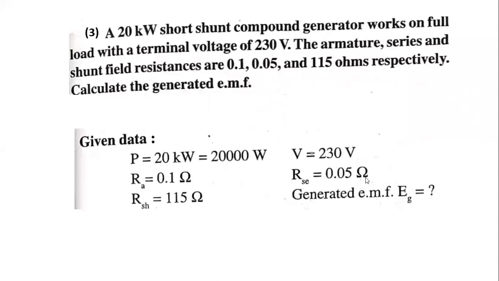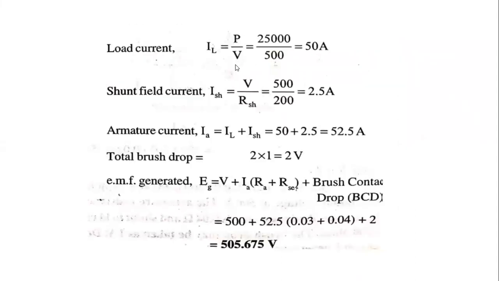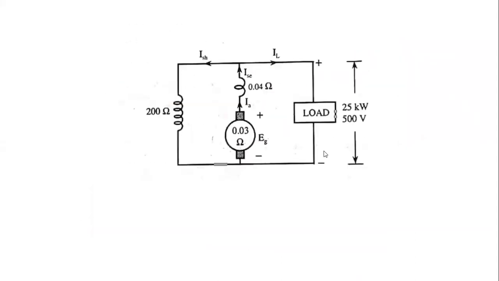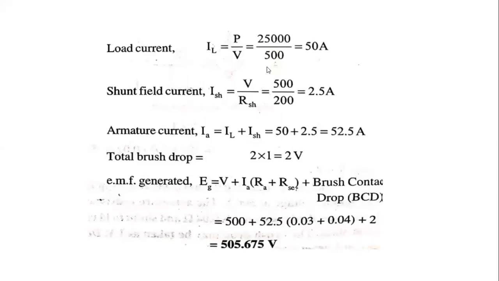So IL is equal to 25,000 by V, with V equal to 500 volts. Therefore IL is equal to P by V, which is 50 amperes.